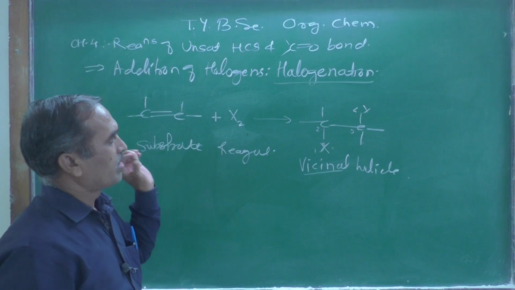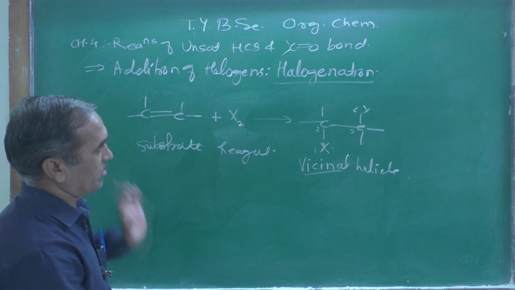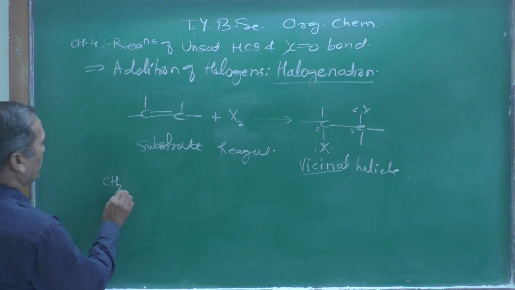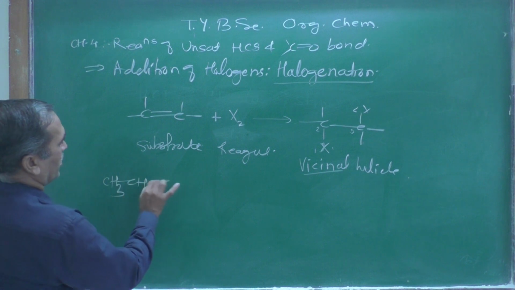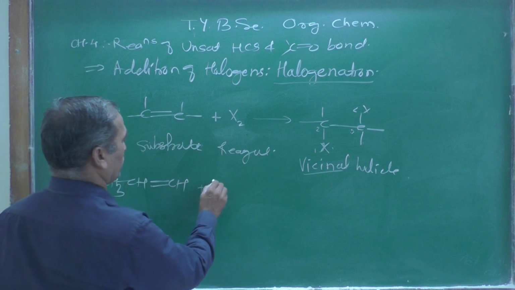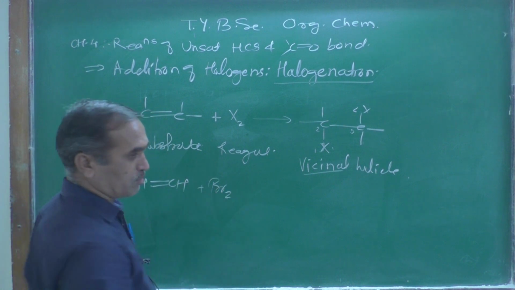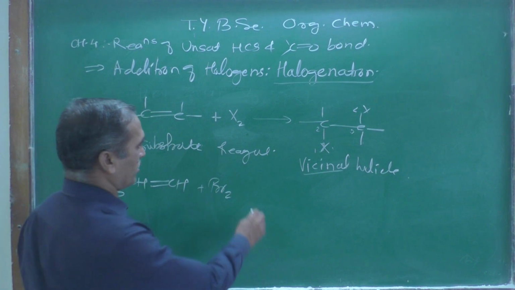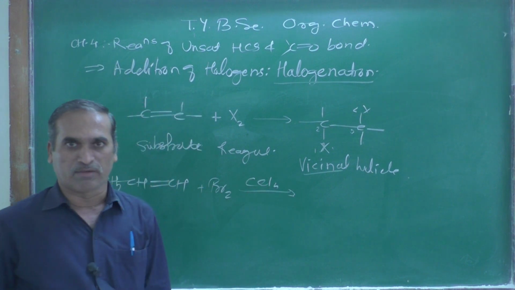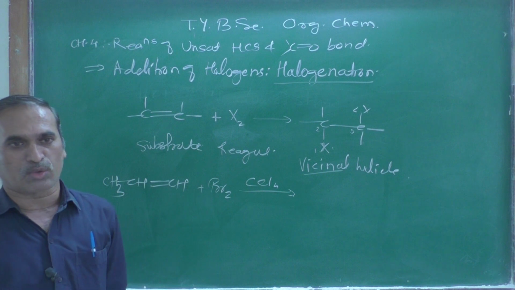Let us see. This is the general reaction we have seen, but suppose we have an unsymmetrical alkene, CH3CH=CH2, that is propylene, and that will be treated with Br2, which, as we know, is brown in color, in the presence of an inert solvent like carbon tetrachloride.